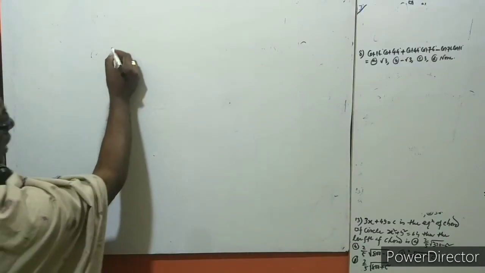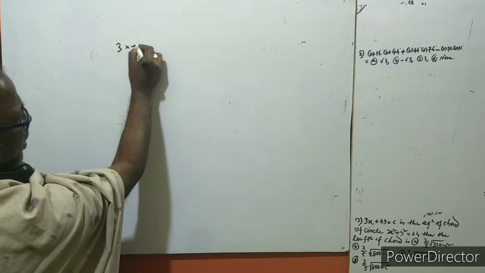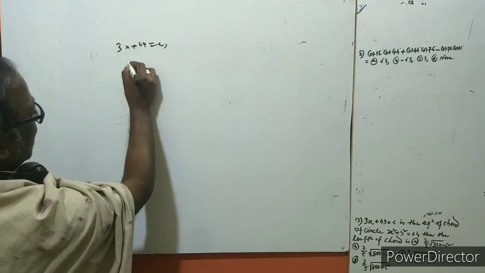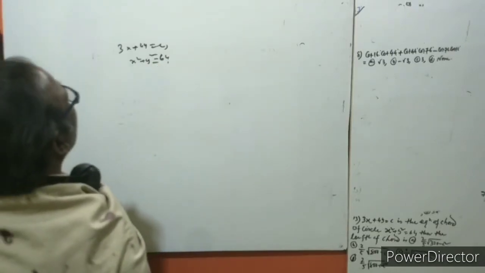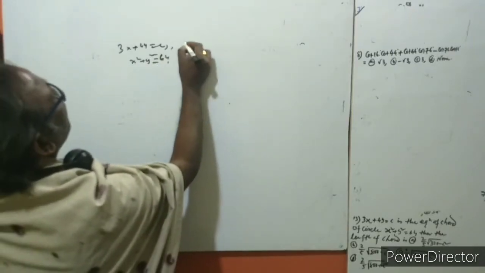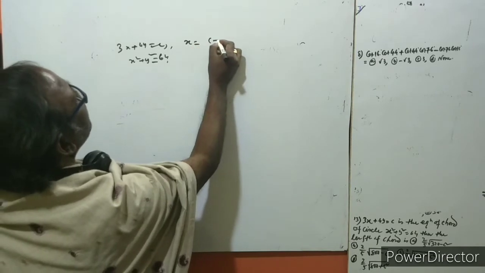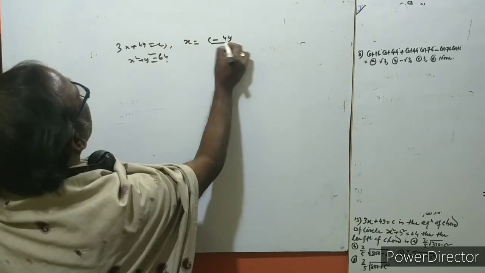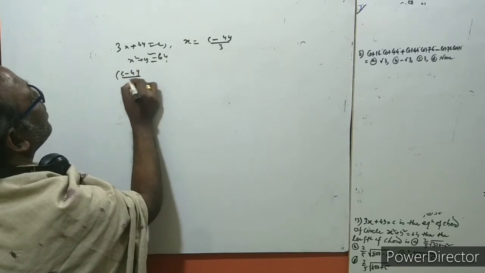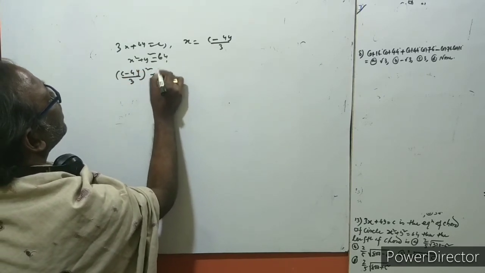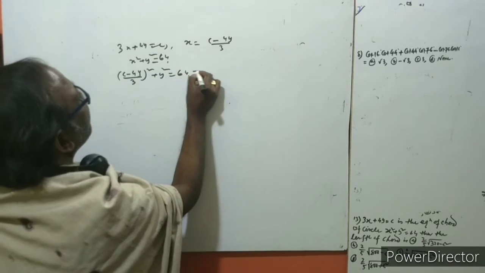Now see, this is your line 3x plus 4y equals c, and the circle equation is x square plus y square equals 64. First we have to find x. In place of x we substitute (c minus 4y) by 3. So ((c minus 4y) by 3) whole square plus y square equals 64.